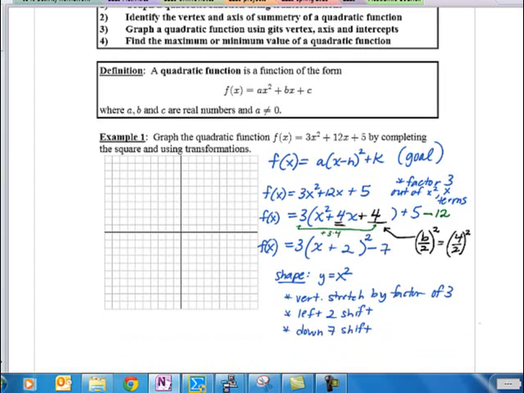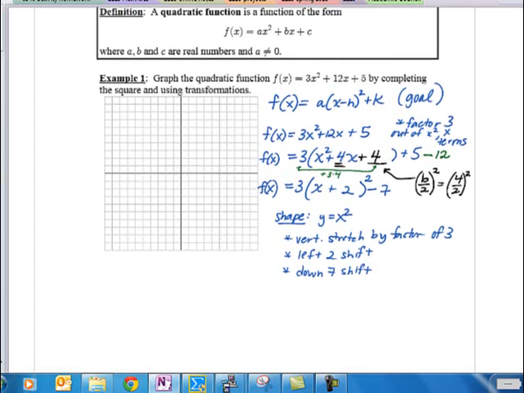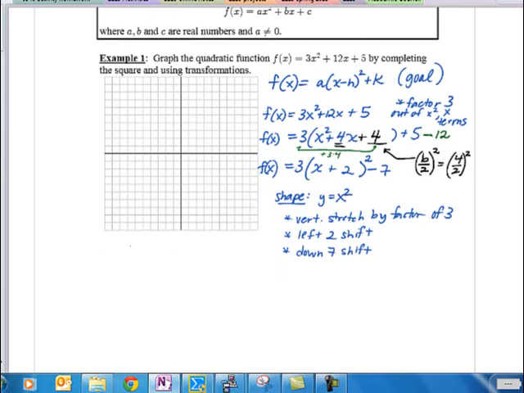Right? So I can track the key points from x squared. Let's track (0, 0), (1, 1), (2, 4), (negative 1, 1), and (negative 2, 4), and apply these transformations. The shifts are always last.